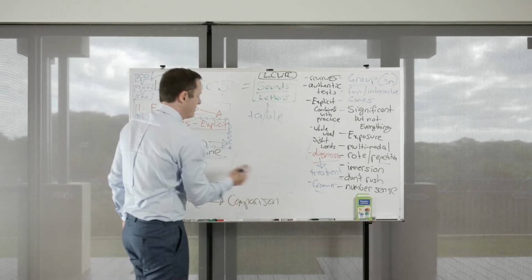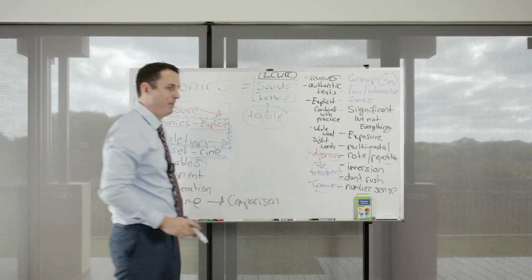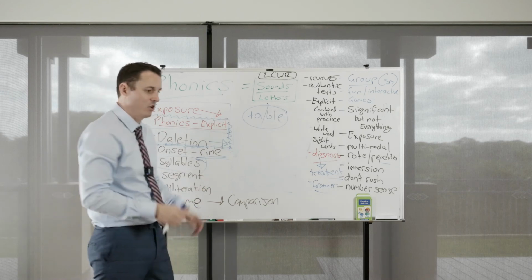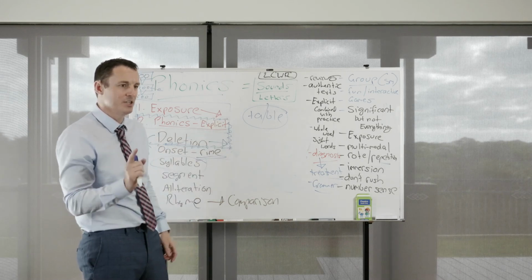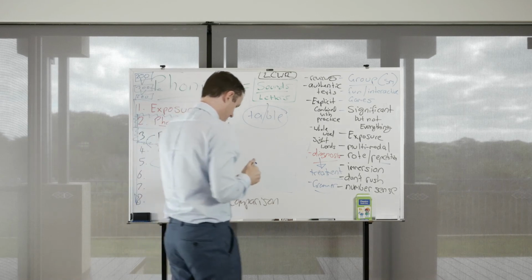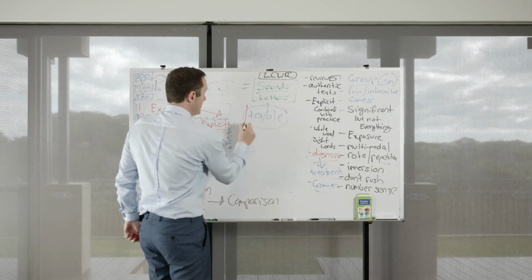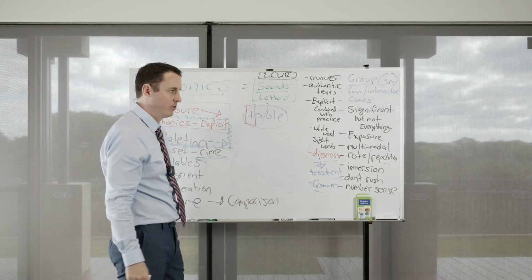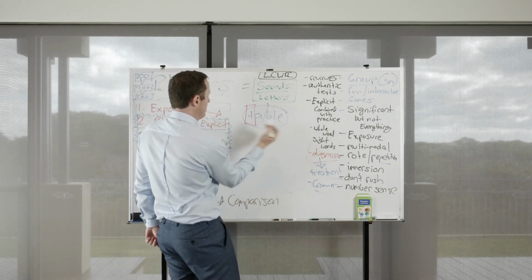But with basic words, usually it's pretty easy to divide things up by syllables. An easy way to think about syllables is not sounds. Quite often you hear people say a syllable is an individual sound. It's not. It's usually an individual vowel. Normally it's a consonant followed by a vowel.